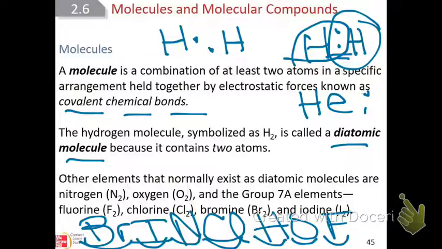These 7 elements will never, ever, ever be found alone in nature. They will always pair up and form diatomic elements. So these are your 7 diatomic molecules, never found alone in nature.